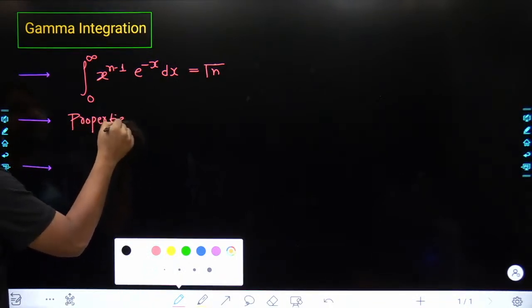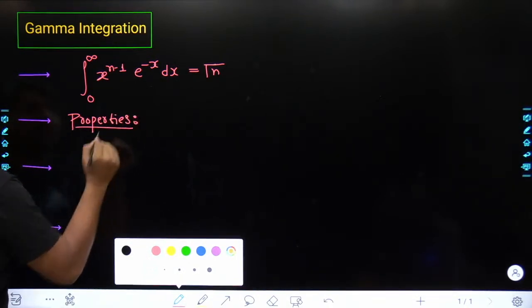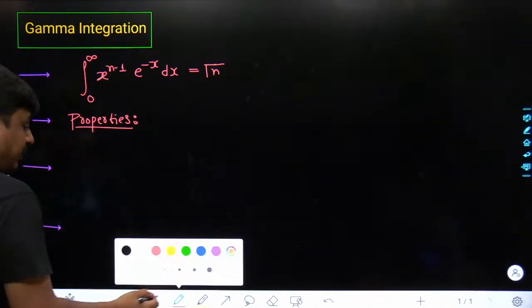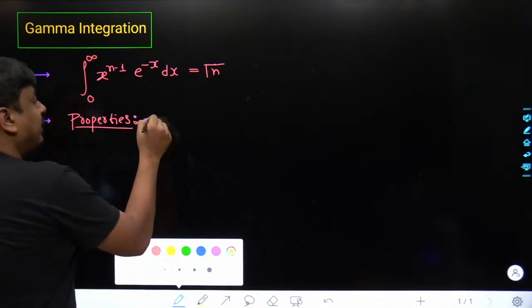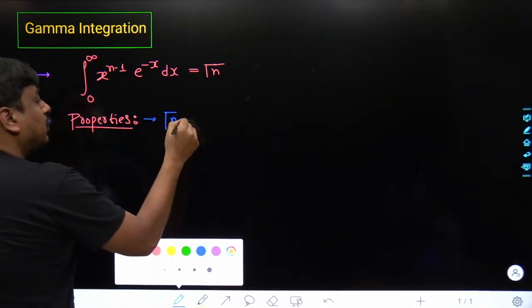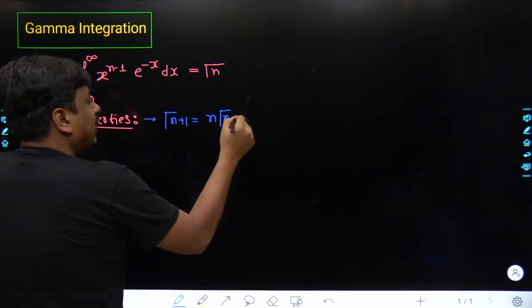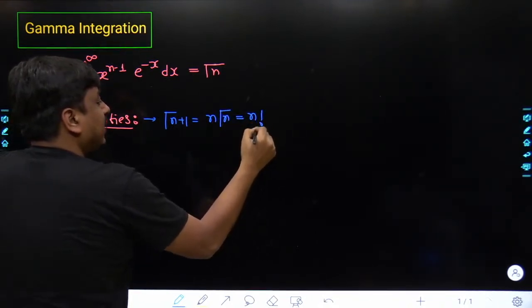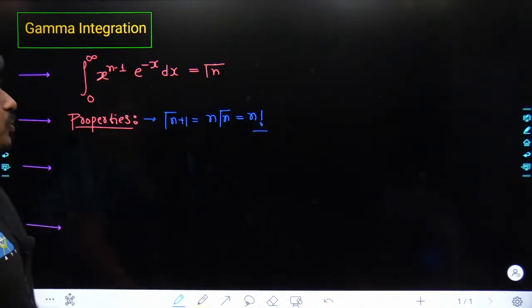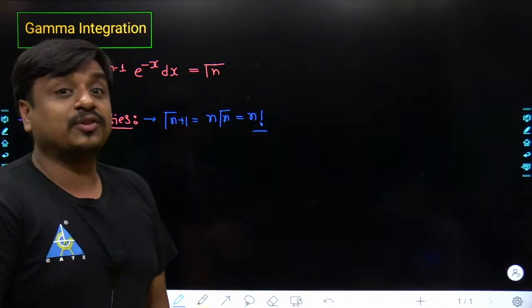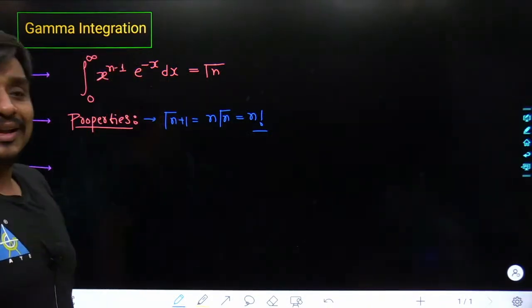The first and foremost property, which I will be using again and again, is gamma of n plus 1 equals n gamma n, which is also referred to as n factorial. That is the first important property which we would be using again and again when dealing with different kinds of numerical problems based on the concept of the gamma integration.